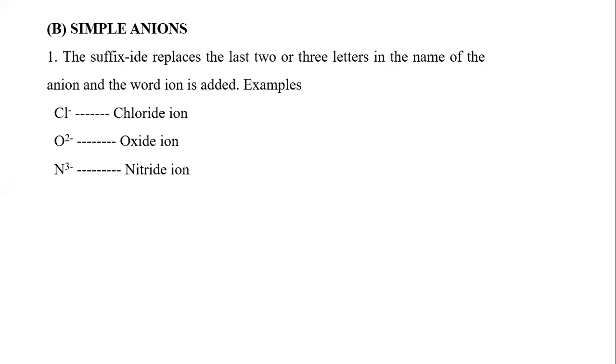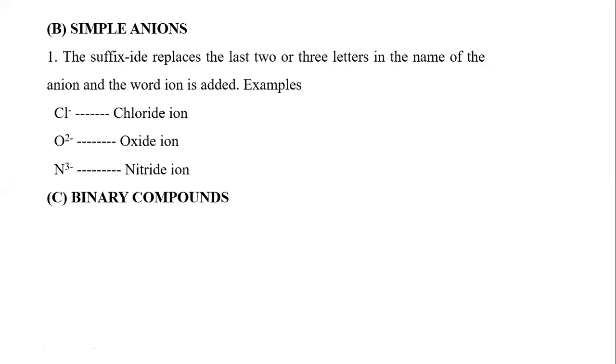Those are radicals. Nitrate is NO3 minus. Nitrite is NO2 minus. Those are radicals. This is just nitrogen as an anion, and it's called nitride ion. So please take note of these differences. We have nitrates, we have nitrites, then we have nitride. So that will be all for simple anions.